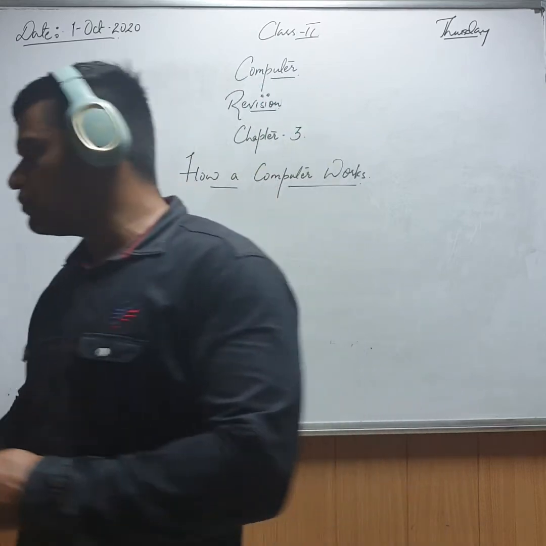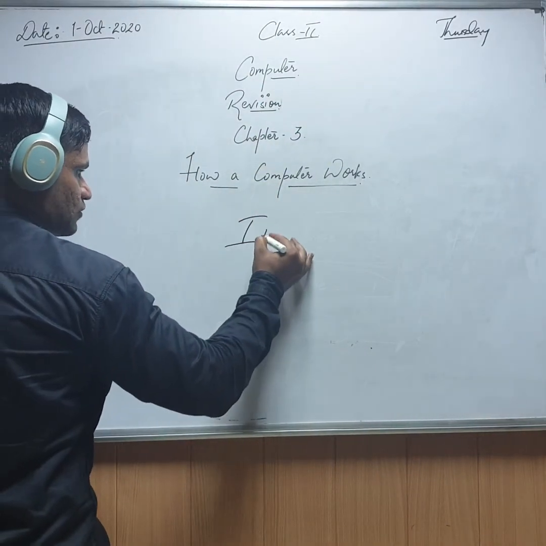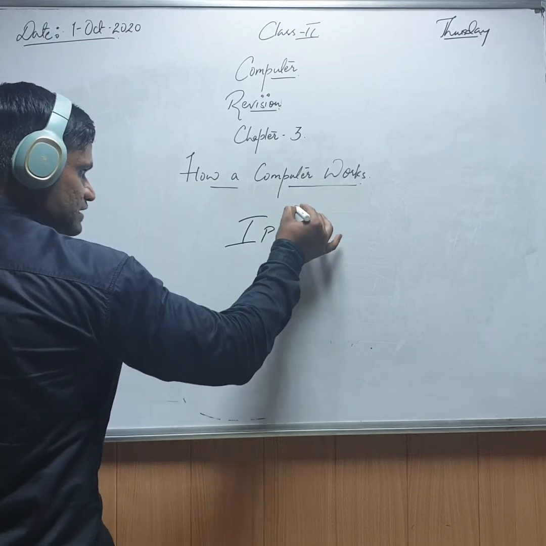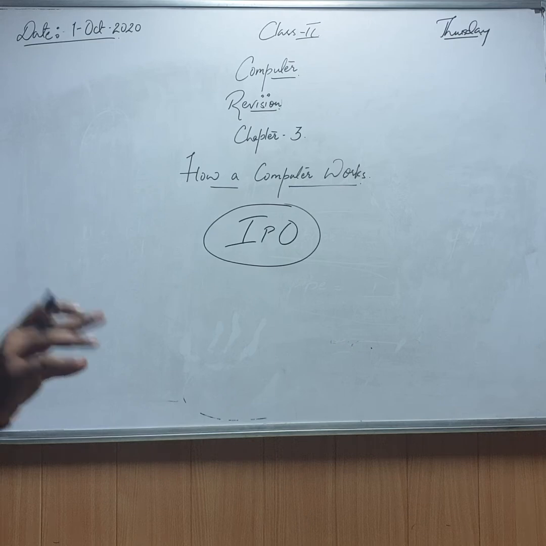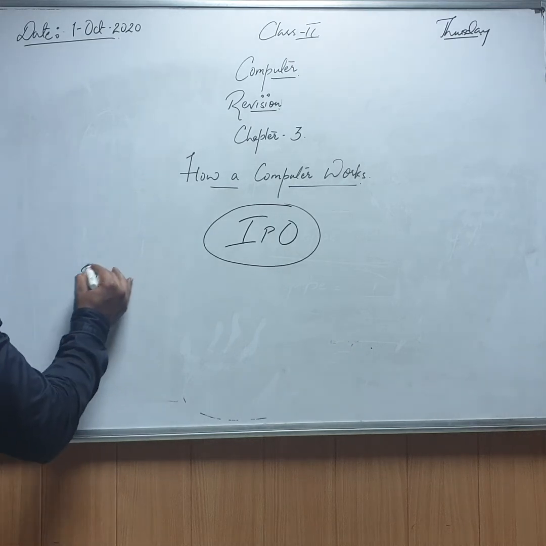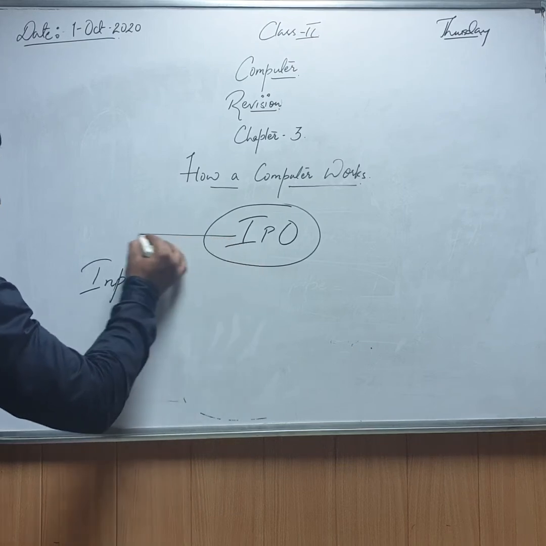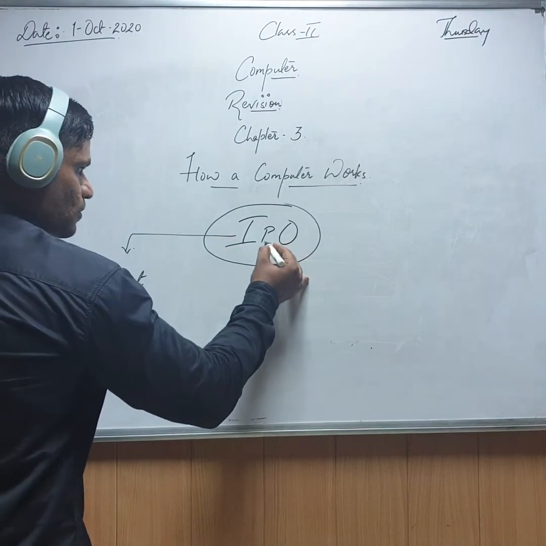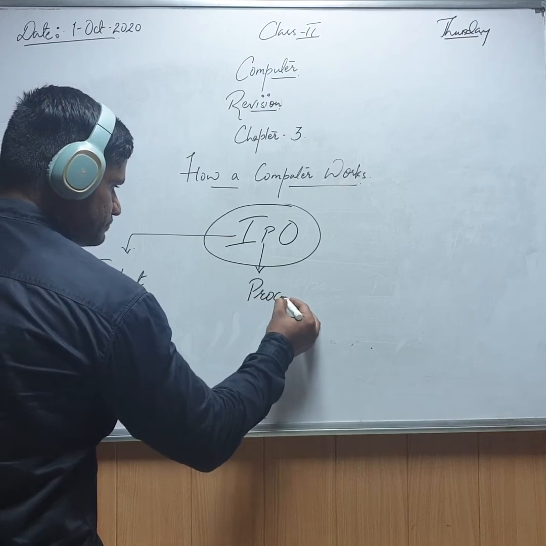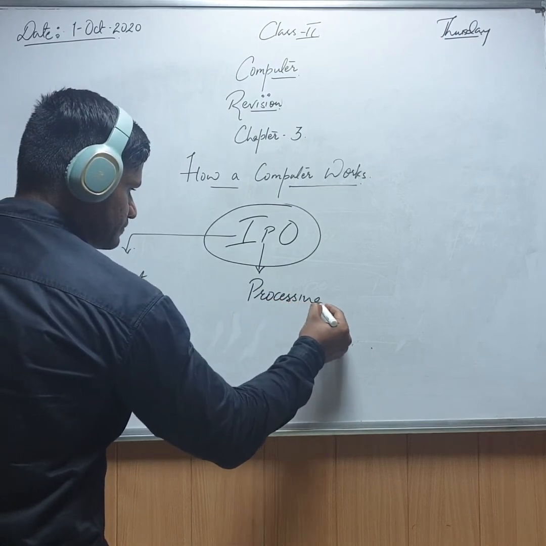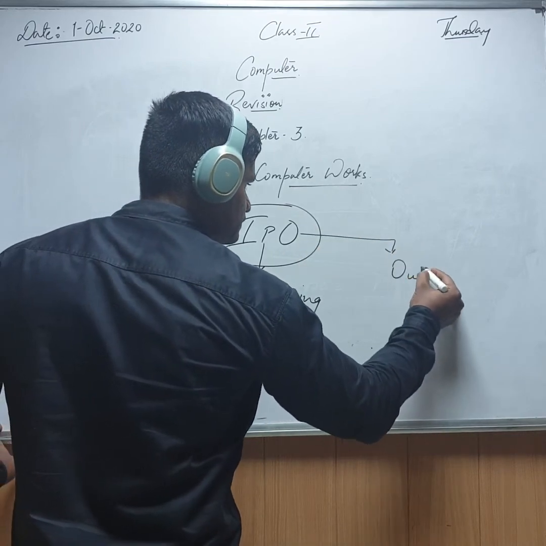Here we want to highlight, or stress, the concept of IPO. I stands for input, P stands for processing, and O stands for output.